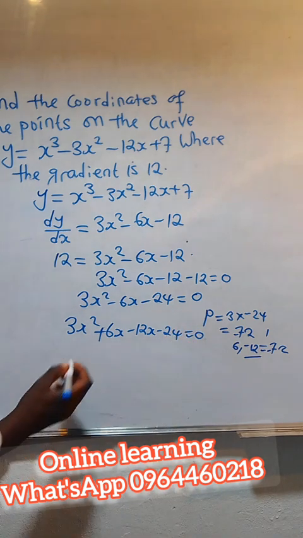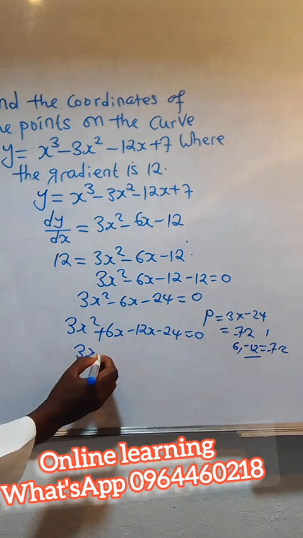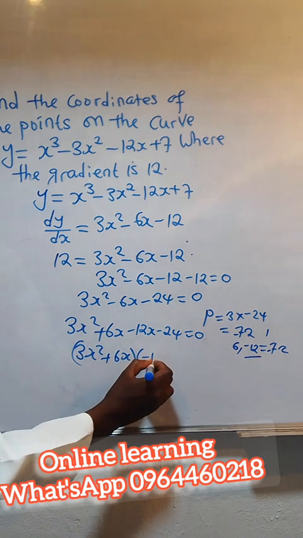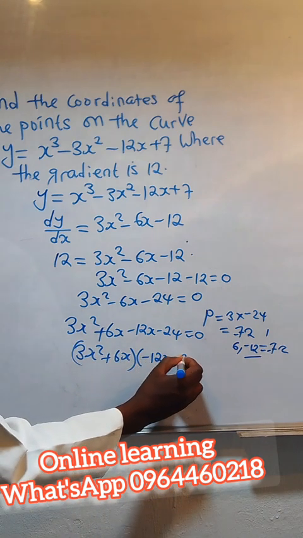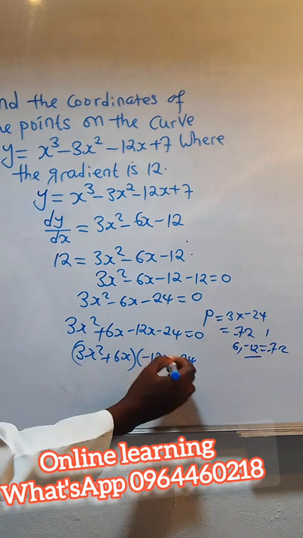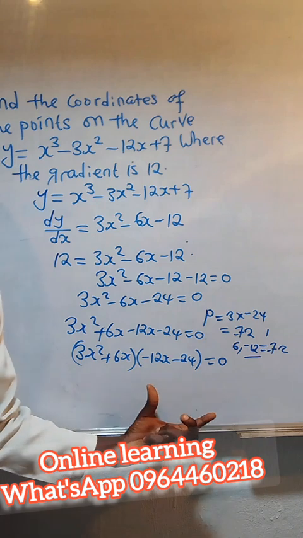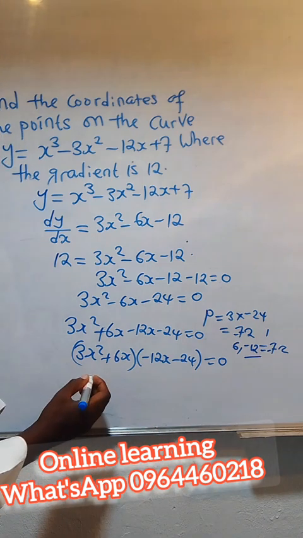And then from there, you group 3x squared plus 6x, and then negative 12x minus 24. Once you group this, you can factorize.